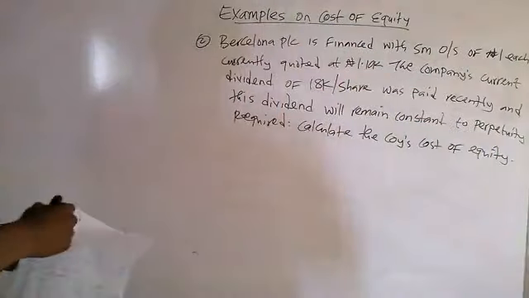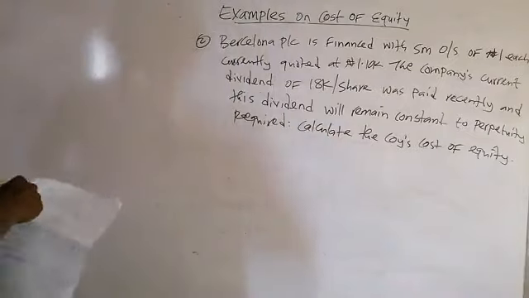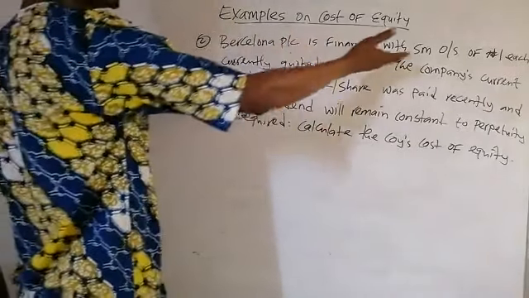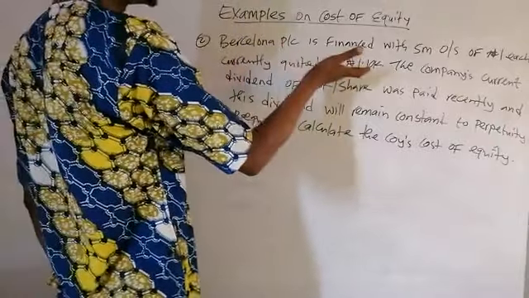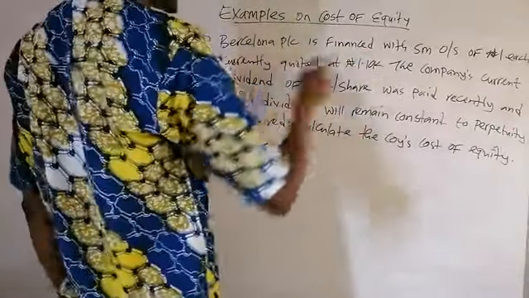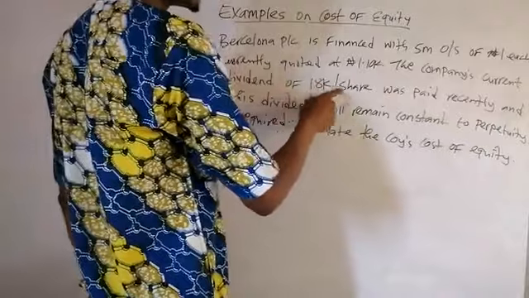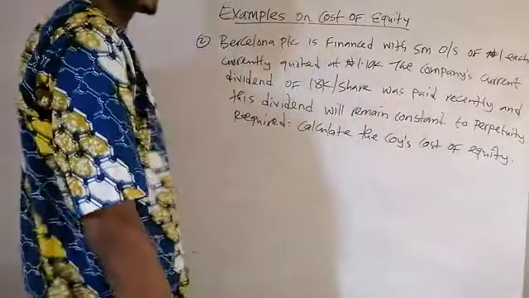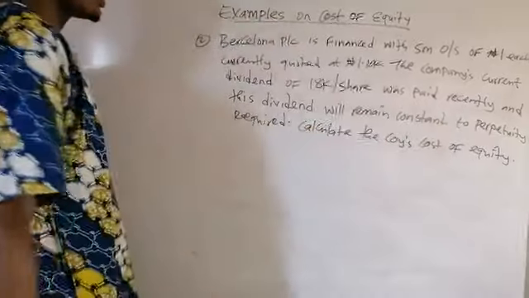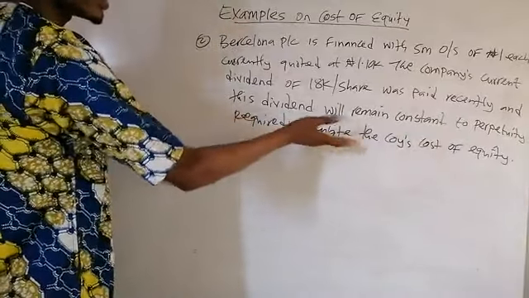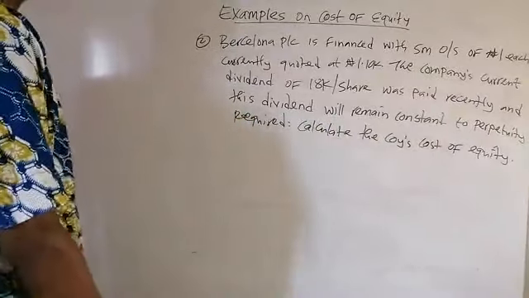Yes, this is another example. Barcelona PLC is financed with 5 million ordinary shares of 1 naira each, currently quoted at 1 naira 10 kobo. The company's current dividend of 18 kobo per share was paid recently, and this dividend will remain constant to perpetuity. Required: calculate the company's cost of equity.